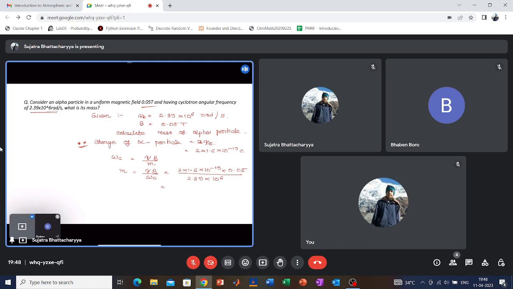So it comes out to be 0.0669 into, now this is 10 to the minus 19 and 10 to the power 6 is also there, so it becomes 10 to the power minus 25 kgs. So it can be written as 6.69 into 10 to the power minus 27 kgs. Right?